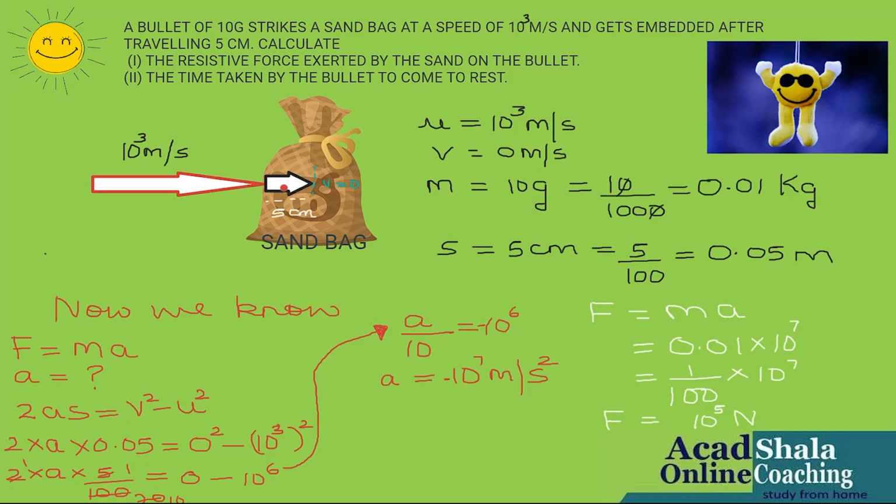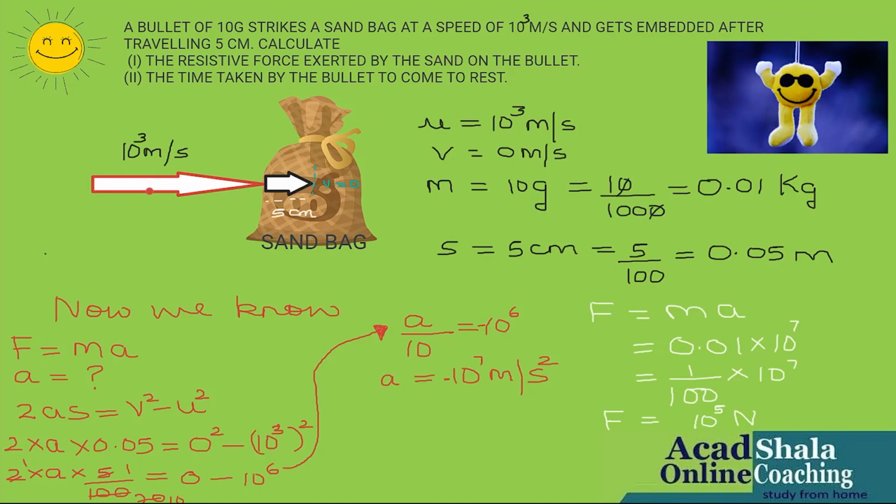So it got embedded after traveling 5 centimeter. That means it went through the bag, but it traveled the distance of 5 centimeter in the sandbag. After this, they are saying, calculate the resistive force exerted by the sand on the bullet.